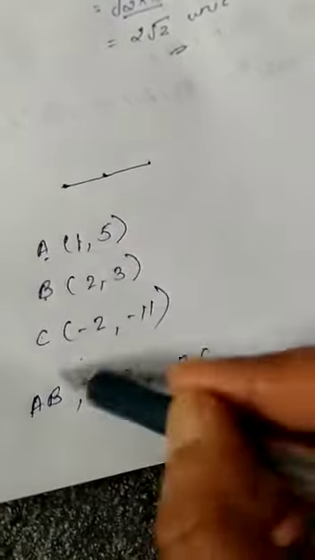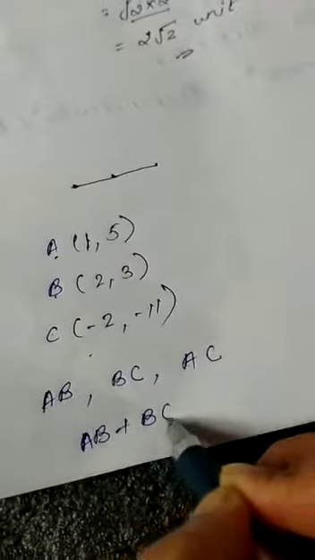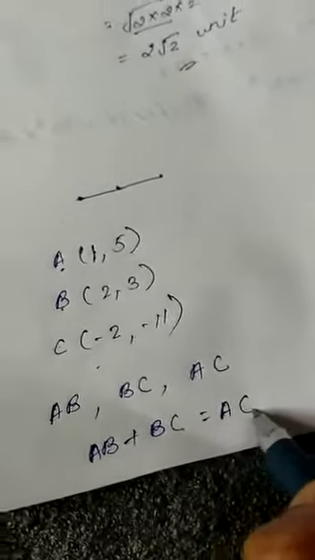Then if you are getting AB plus BC is equal to AC, then you can conclude, hence the given points are collinear.